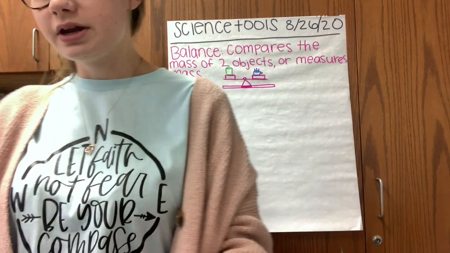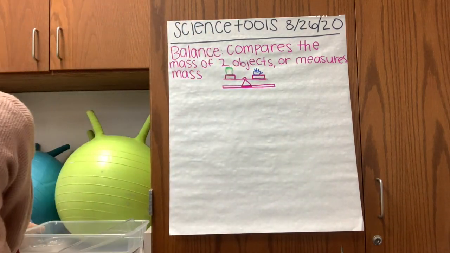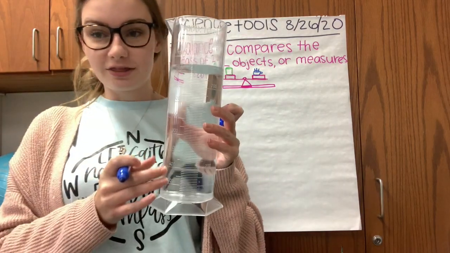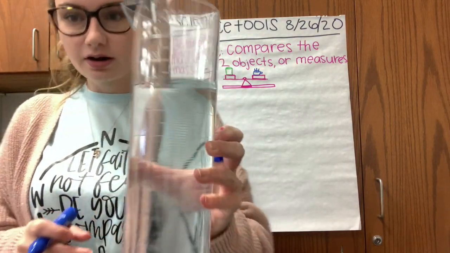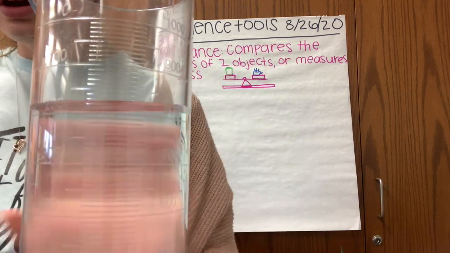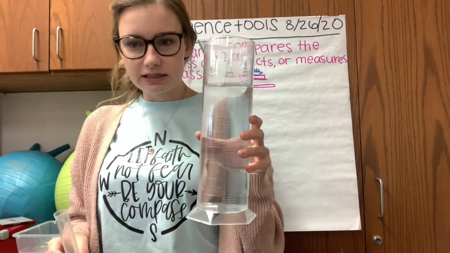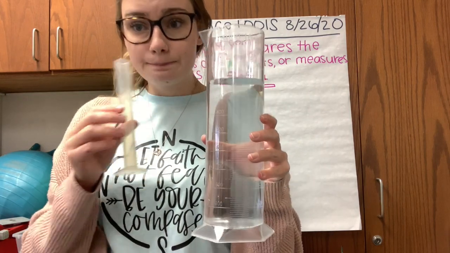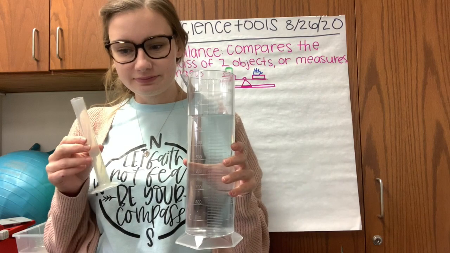Next, we're going to talk about a beaker. Now this is a really big beaker. Beakers have different sizes. You can have a big beaker like this one or a little beaker like this one. They both do the same thing.